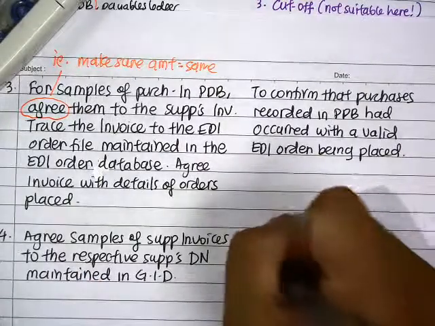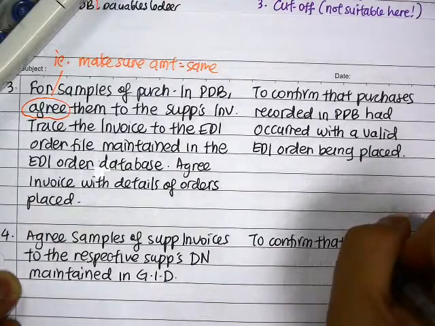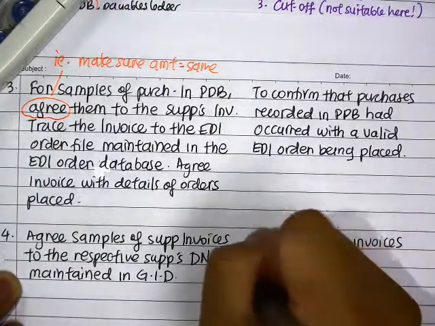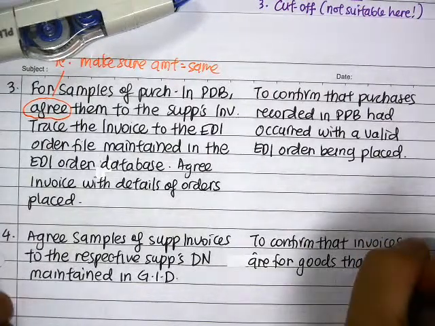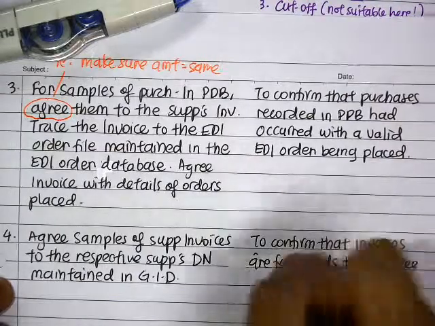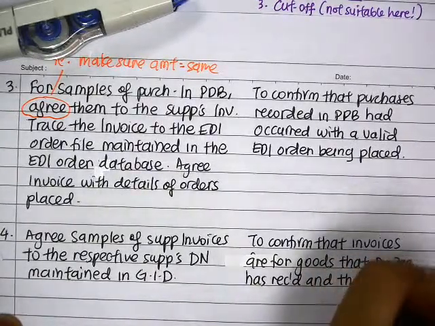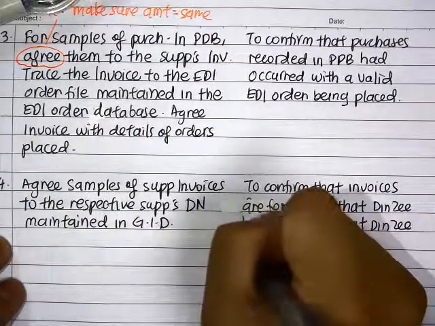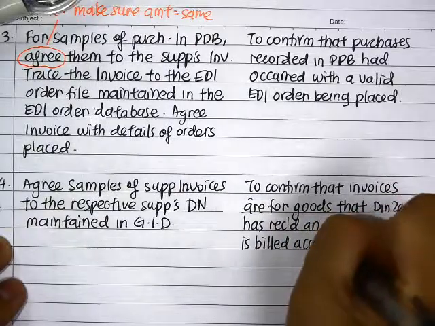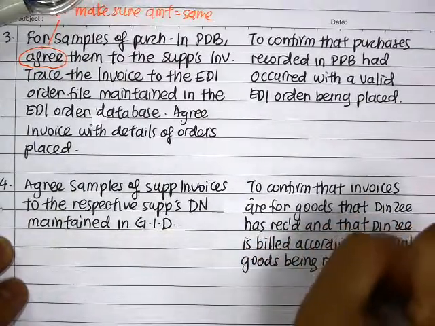Now, so why are we doing that? Because we want to confirm that the invoices are for goods that Bin C has received, and that Bin C is billed according to the actual goods being received.